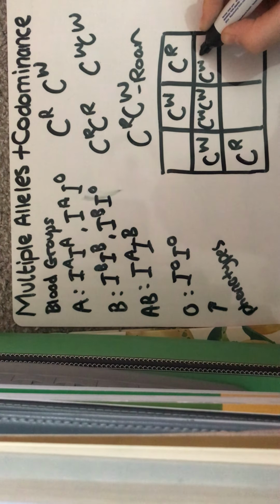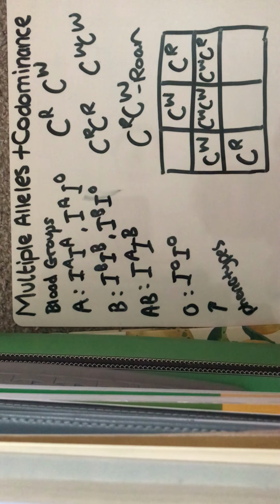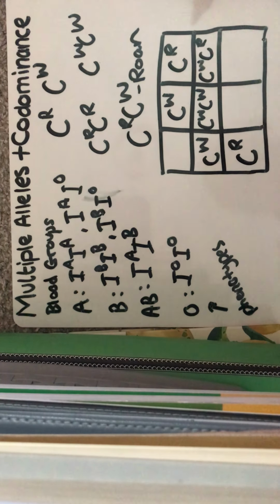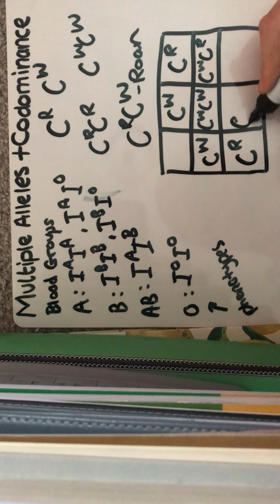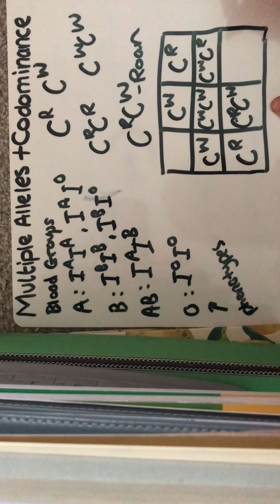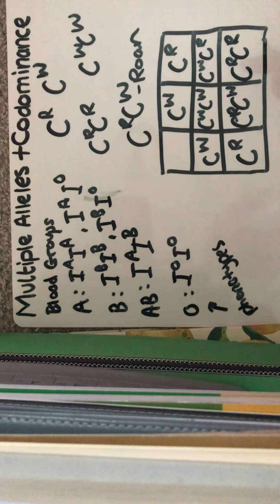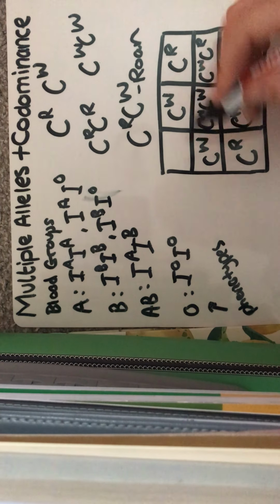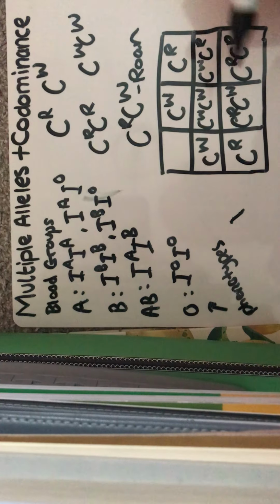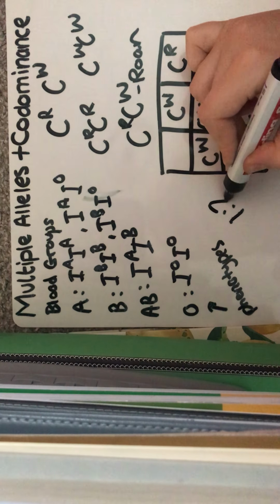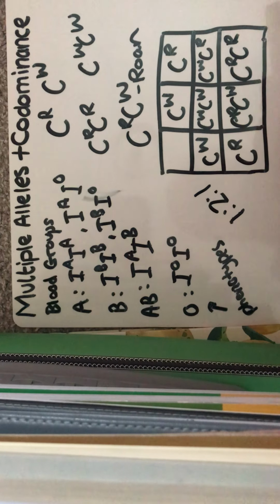This one would be roan because we've got both red and white colours in the coat colour because we've got the co-dominant alleles there. And this one would be the same, roan. And this one would be red because it's homozygous for the red coat colour. So we can see that we've got, I'll write this here, 1 white, 2 roan and 1 red, and that's how that ratio is established there.